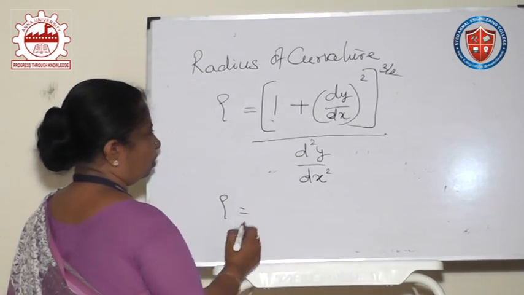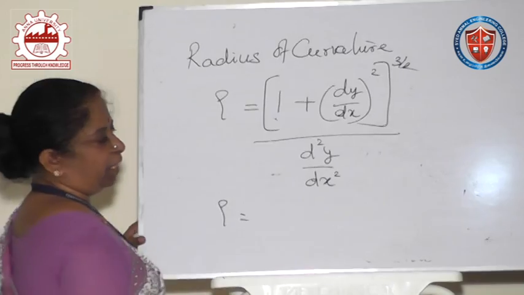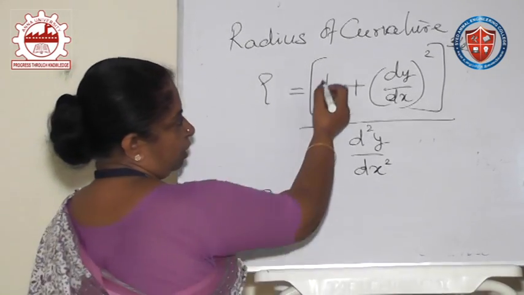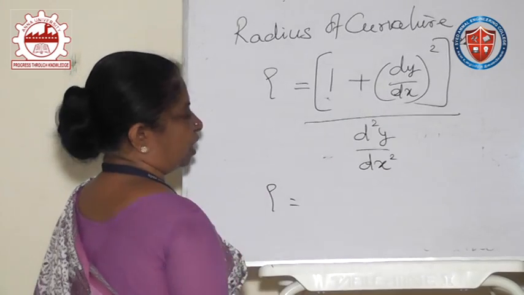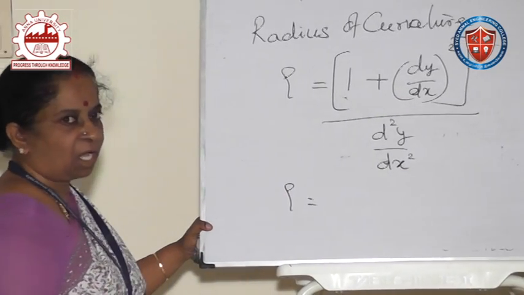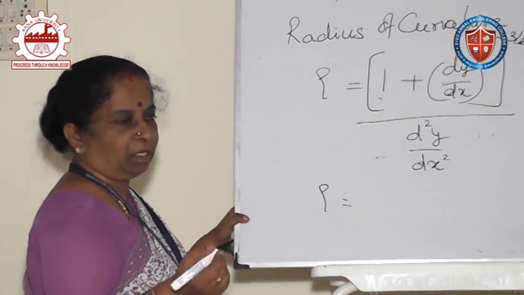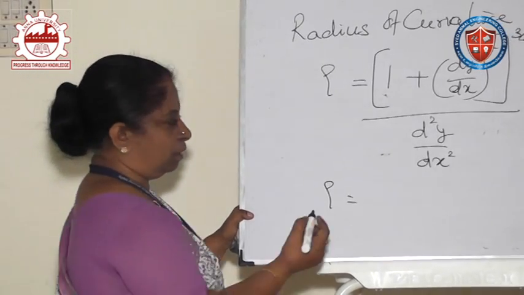If d square y by dx square is 0, this becomes infinite, an infinite value which I cannot take up because I will not get my continuity.